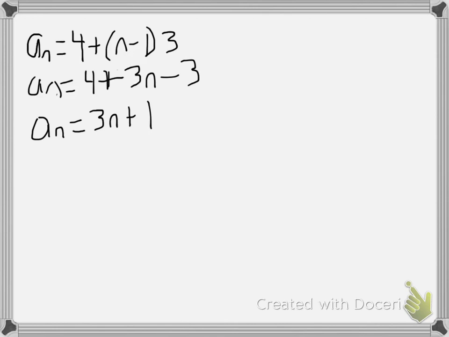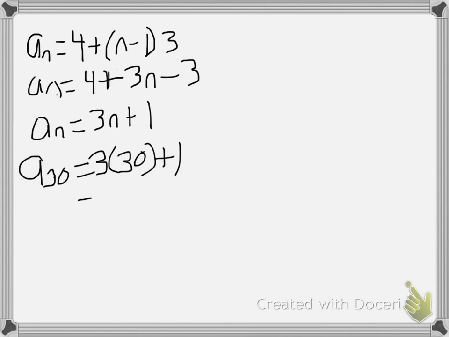Cool. Now it says find the sum of the first 30 terms, so let's find the 30th term. a sub 30 equals 3 times 30 plus 1, and this is clearly an explicit formula now, so we have 90 plus 1, and that gives me 91.